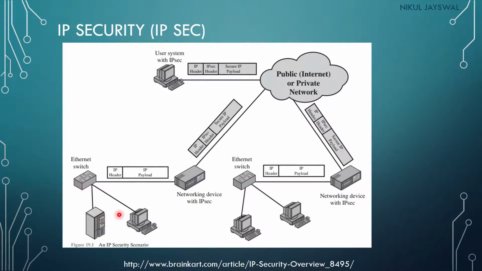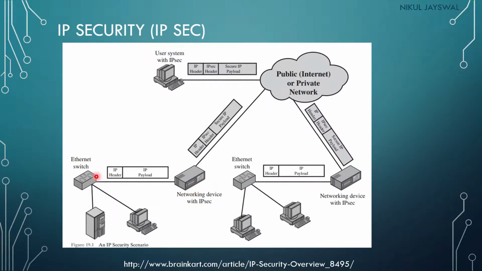So this is the basic diagram of how IP security will work. Let's suppose these are our machines, and this is our third machine. Whenever a machine sends some data, it comes to the router, which is also called a networking device with IPsec. So the router will have the facility of IPsec.